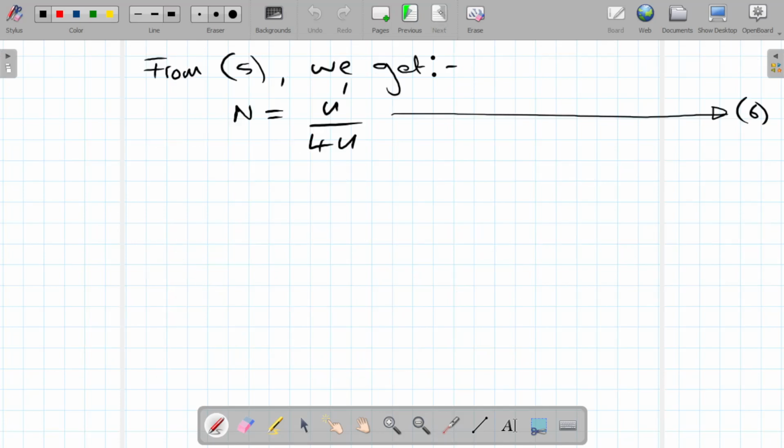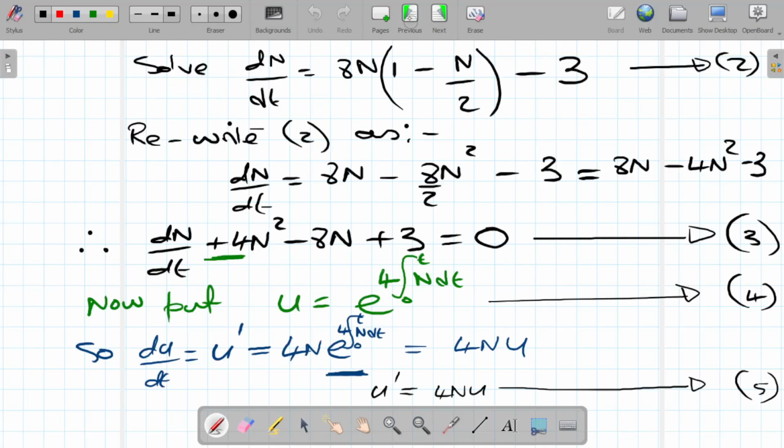Now then, if we go back again to equation 5, we've got u prime equals 4nu. We need to differentiate that again to get u double prime. So we'll work out what that is.